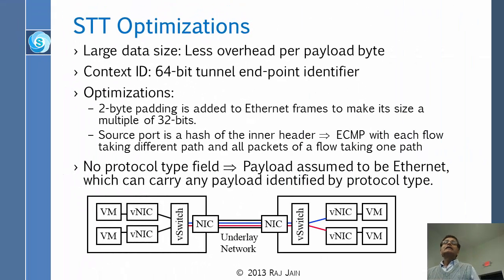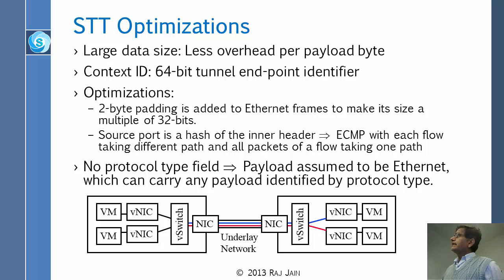Not only that, they have optimized it in many different ways, and they feel that this whole protocol is much less taxing on the CPU as compared to other options that we have. Because they have a large data size, per payload overhead is less.